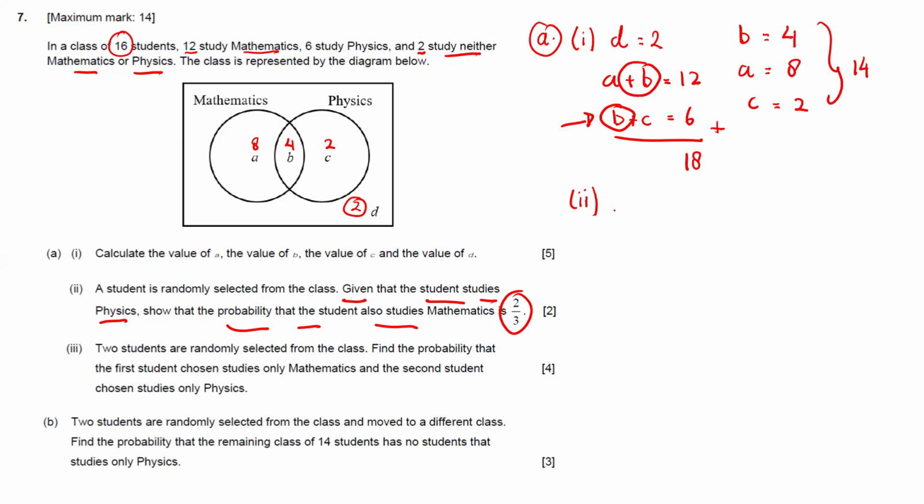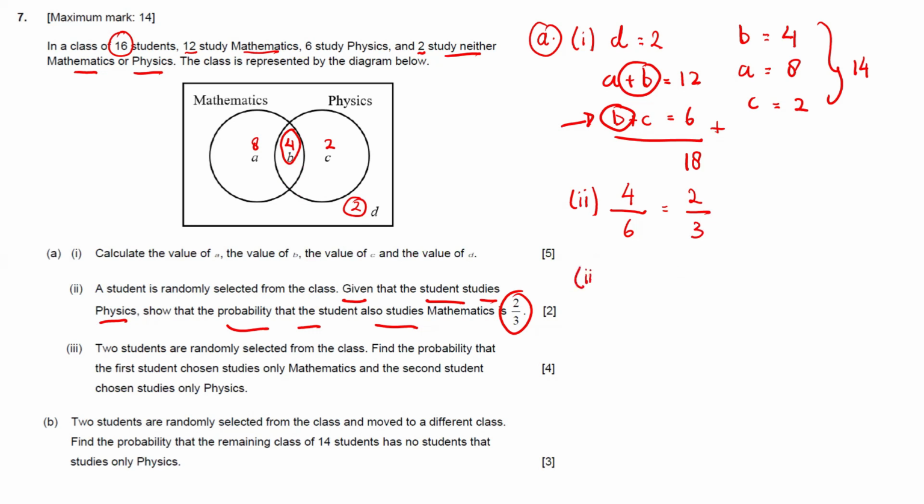So only from 6 students. From 6 students who study physics, how many study math? It means the middle one here. Because the middle one are students who also study mathematics other than physics. So that's why we have 4 out of 6, which equals 2 out of 3.